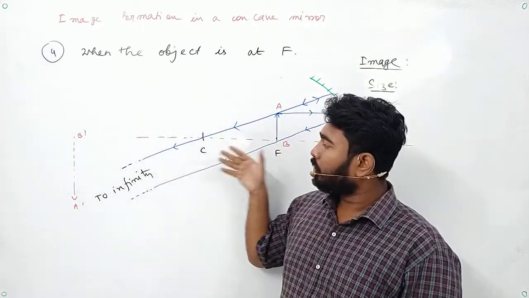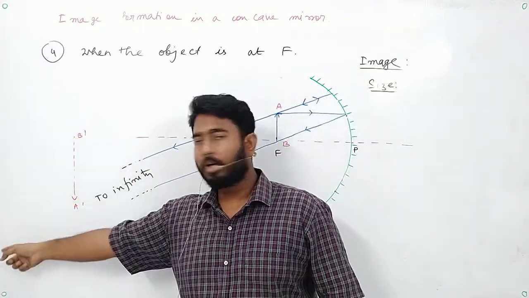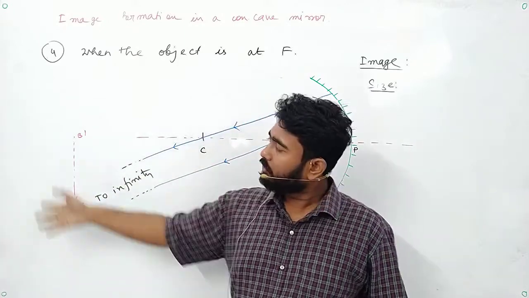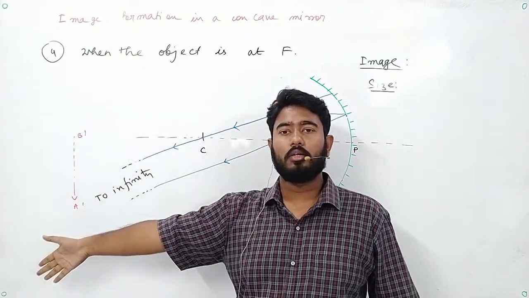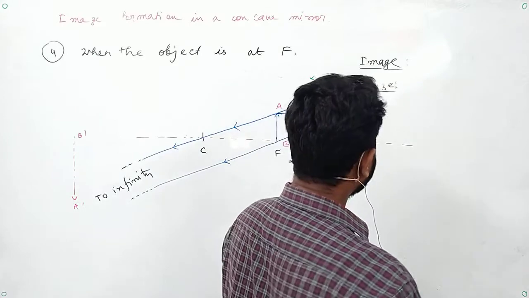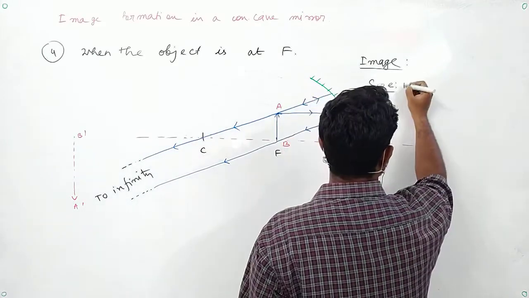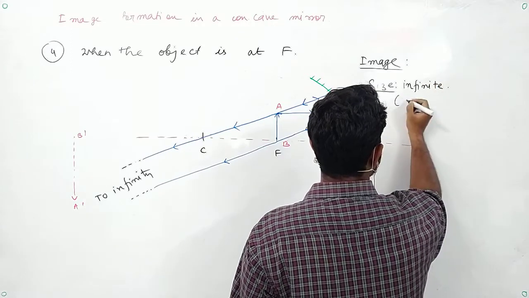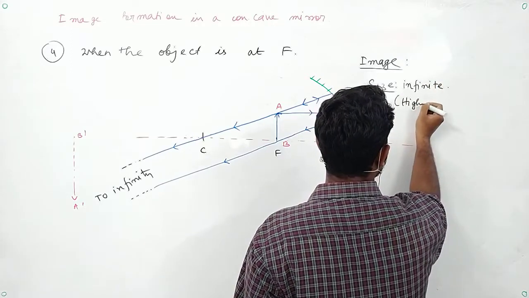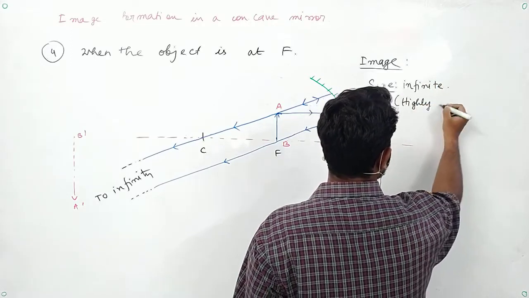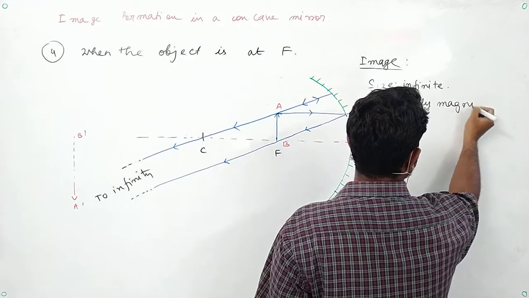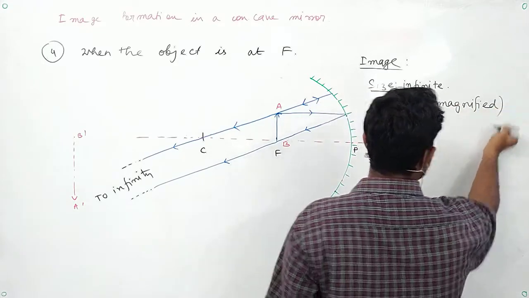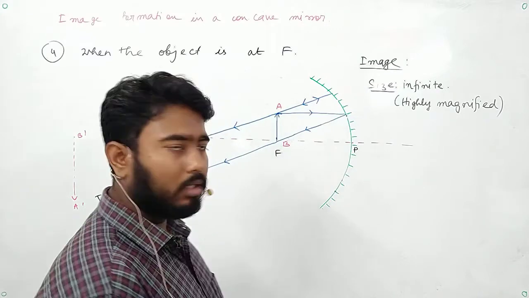So if it forms somewhere behind this, it will be much bigger. If it forms at infinity, it will be infinitely big. So what is the size of the image? Infinity. Or we can say highly magnified.